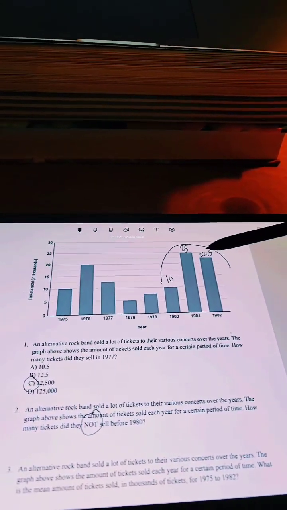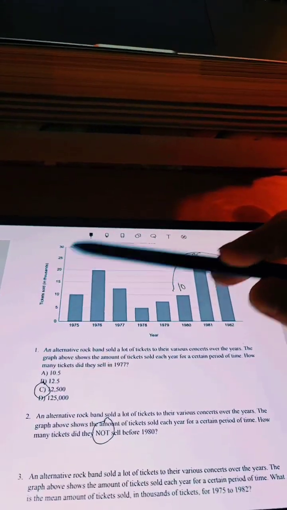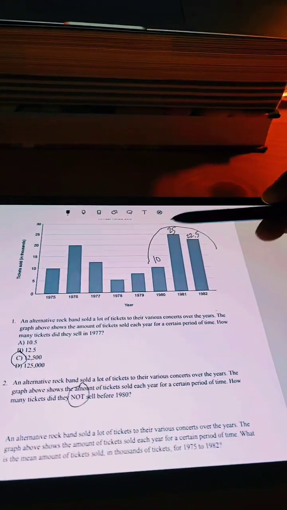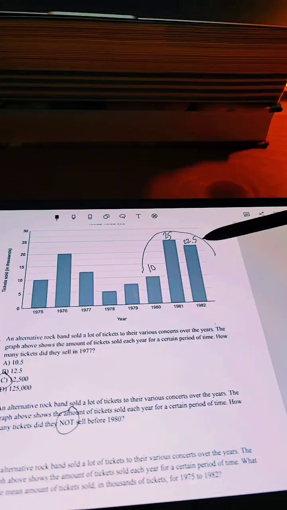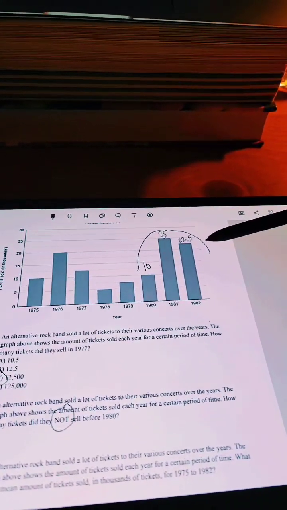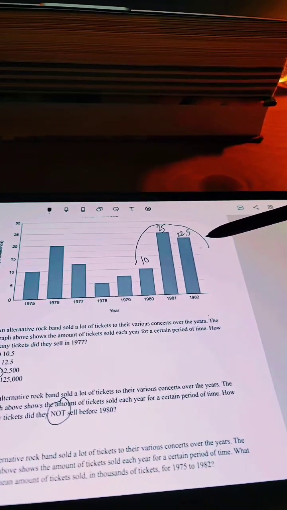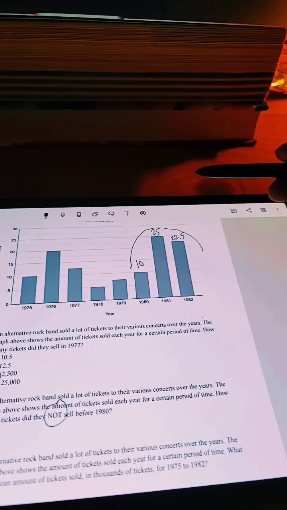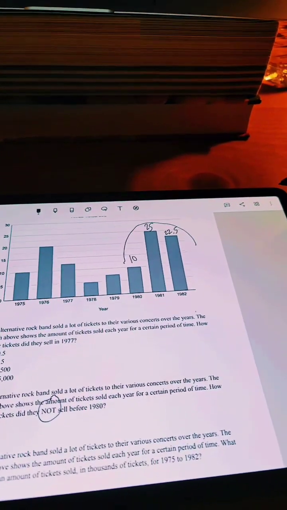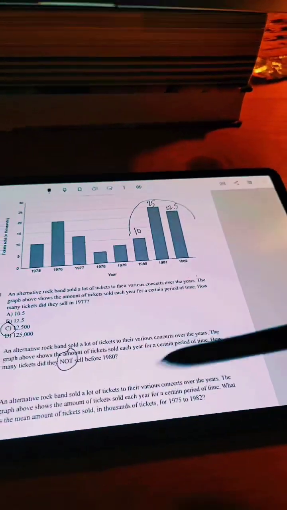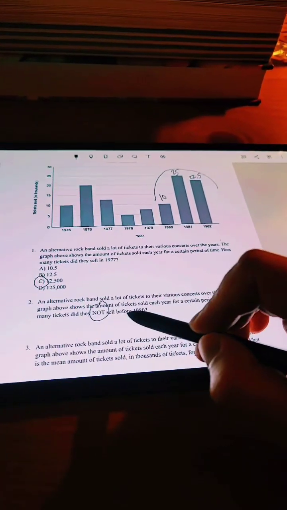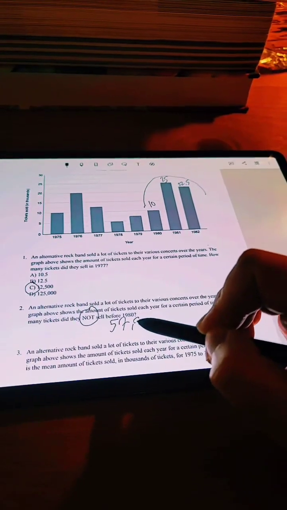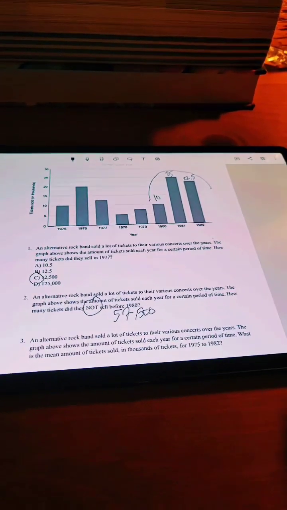So we're going to add all those up, but then remember it's in thousands, so we have to multiply by 1,000. If we add all of this up, that's going to be 57.5, and then we multiply by 1,000. That moves the decimal over by 3, so it's going to be 57,500 as the answer.